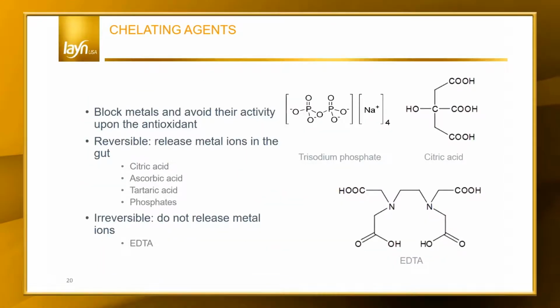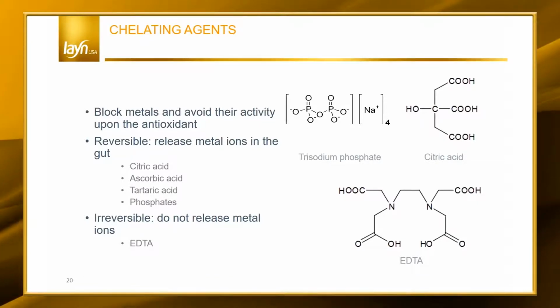Also, we mentioned before that metals have an impact on the oxidation process. Antioxidants can be used together with chelating agents. There are many that can be used. Most of those belong to three different substance families: phosphates, citric acid, or EDTA.